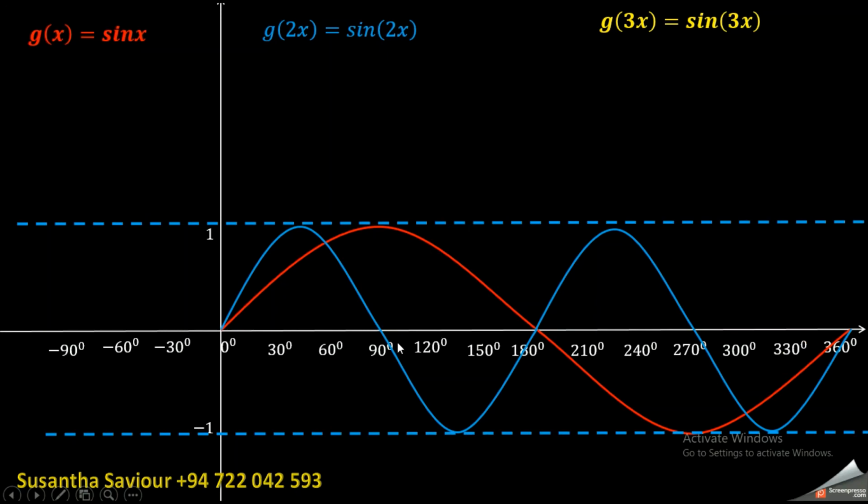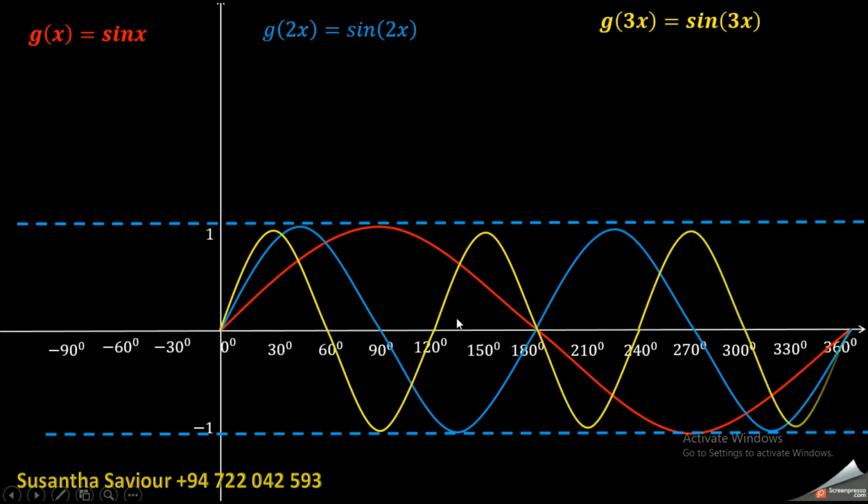Okay, so this curve will be shrunk to this and then repeats 3 times. Look at this. Right, so y coordinates are intact, only the x coordinates are shrunk. Okay, right.